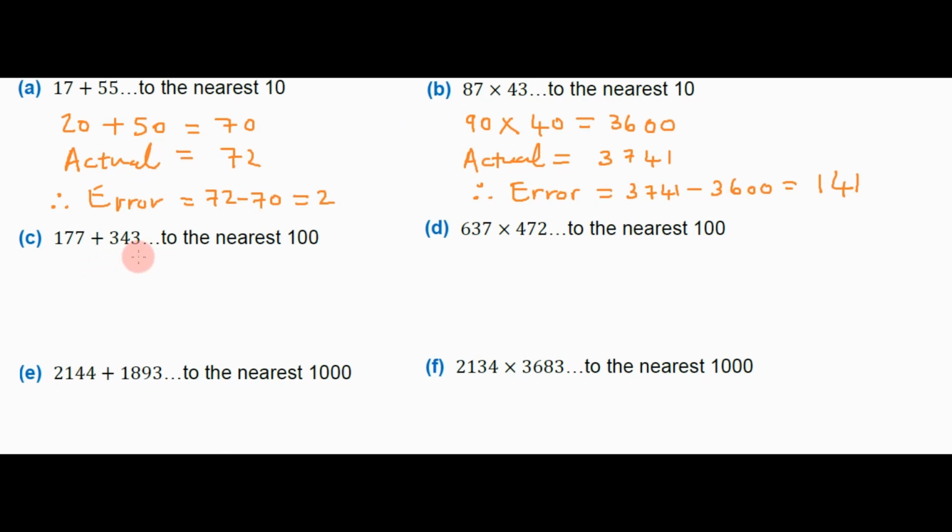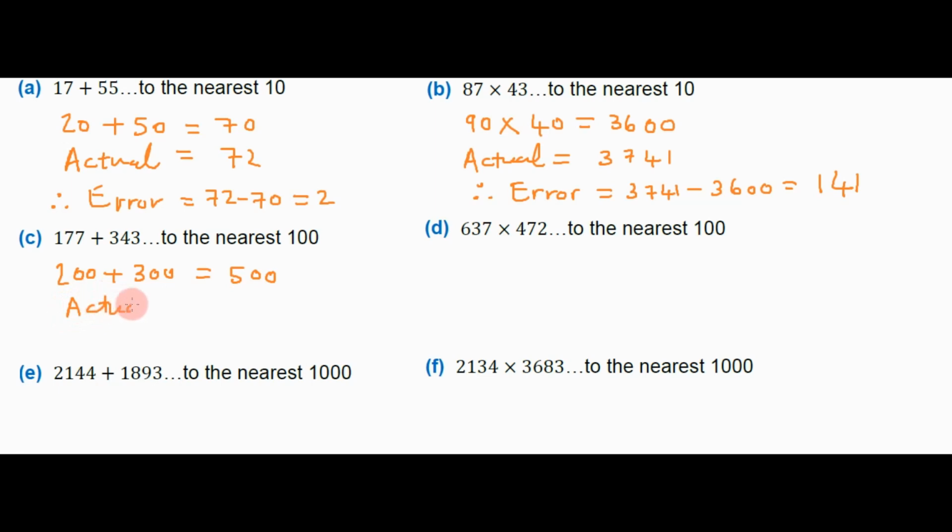Let's look at C. We have to round the numbers to the nearest 100. So 177 is closer to 200 than it is to 100. So we're going to use 200. 343, we can round down to 300. And this comes to 500. So the estimate is 500.